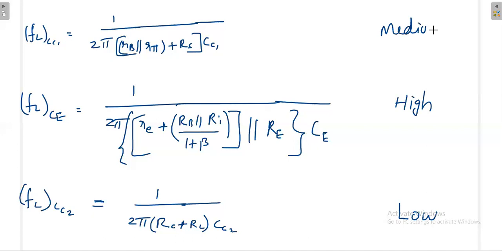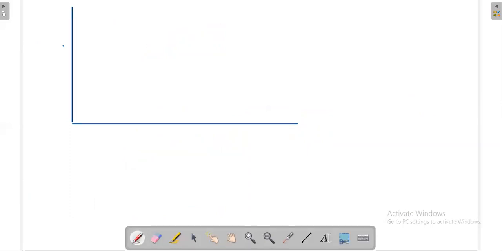Then, say I'm going to draw all these in a common graph, comparing all the three.